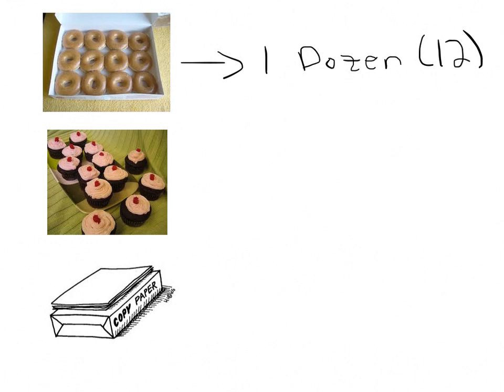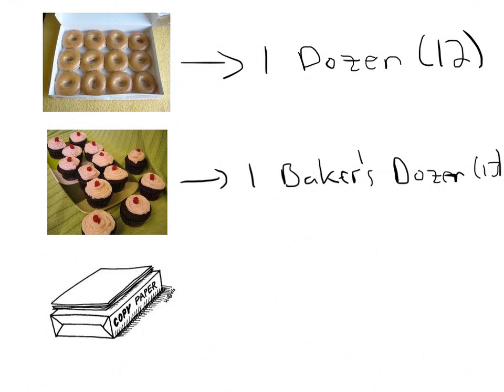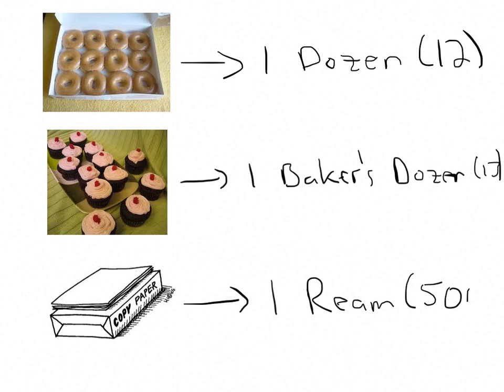This is what is known as a baker's dozen, and it is 13 because the baker would always eat one of the cupcakes, donuts, bread, whatever it was. And this is one you may or may not know: a ream. One ream of anything, we usually use it with paper, is 500 of that thing. So a ream of paper is 500 pieces.